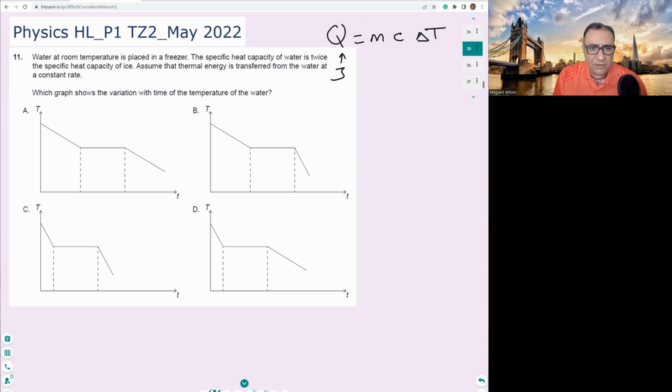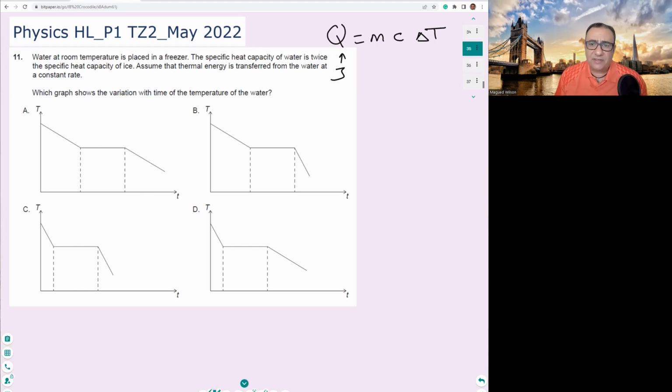The given information is that the thermal energy is transferred at a constant rate, to reduce the temperature of both phases, liquid water and ice, right?